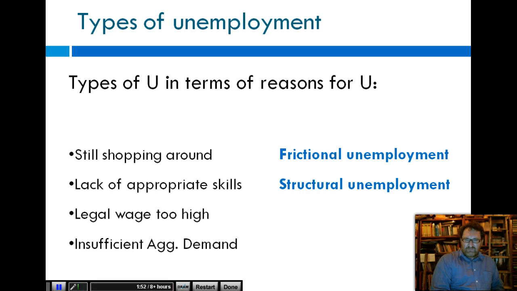It's not that they don't have the skills required within the economy, objectively speaking. It's not that they're asking for a wage which is too high. It's not that the economy's in a slump and no one's hiring.